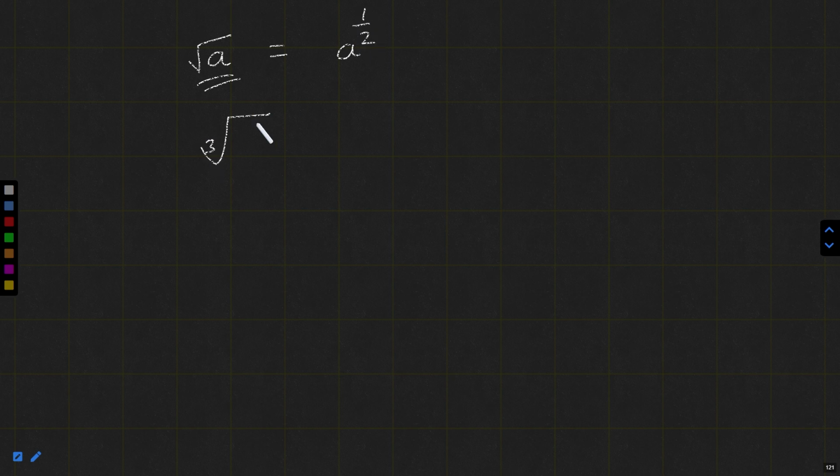Similarly, cube root of a can be rewritten as a raised to the power 1 by 3. Similarly, for the fourth root, a raised to the power 1 by 4. In a similar manner, we can write any given root in the form of a fractional power.